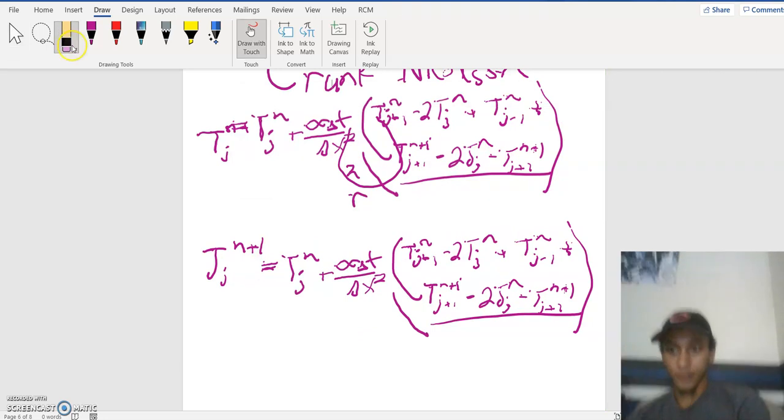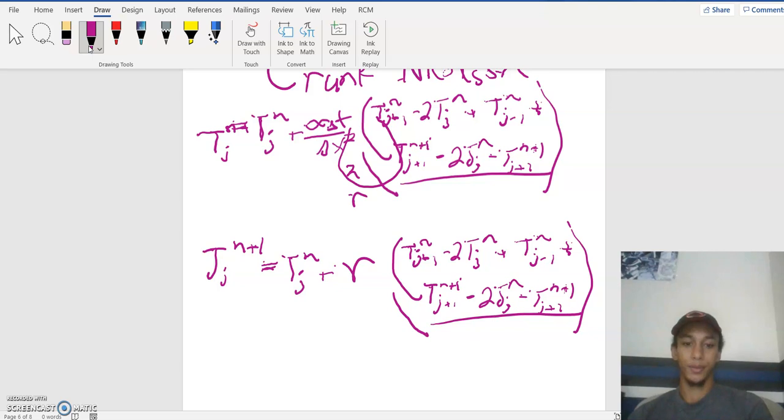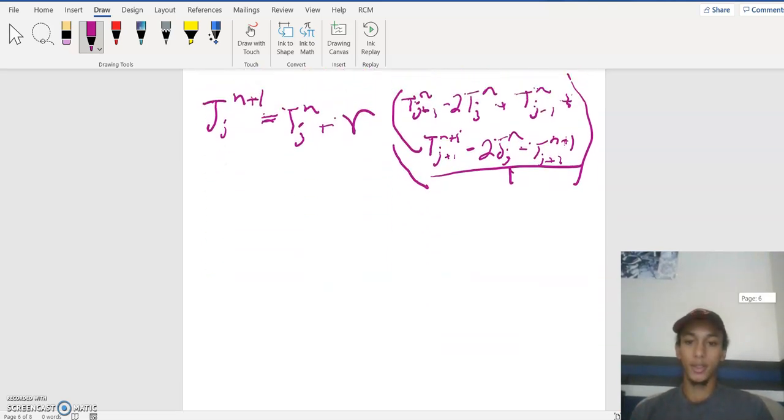But now you can erase this and replace this with R, and now there's no 2 here. We're going to say 1. So what this will do is it will no longer set constraints on delta x and delta t values, which is good. So less factors to deal with.